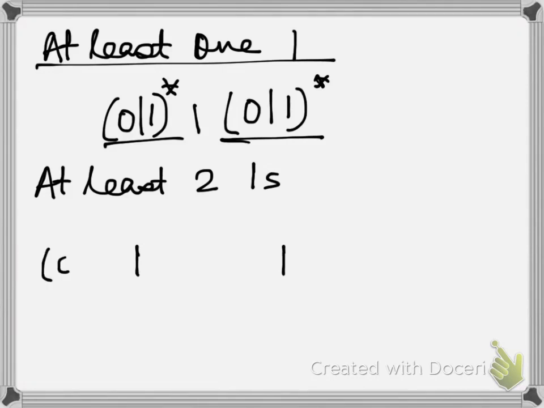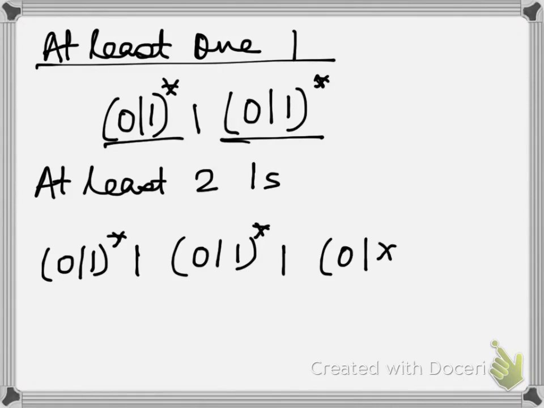Other than that, I may have 0 or 1 in each of the other places. As you can see, these 2 ones I should always have. Other than that, I can have zeros or ones. So this is at least 2 ones.